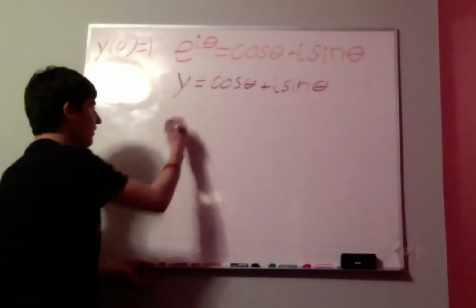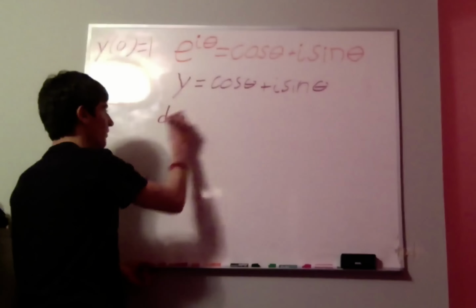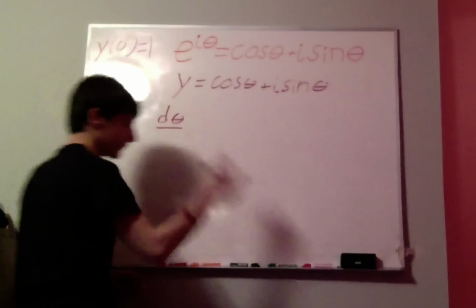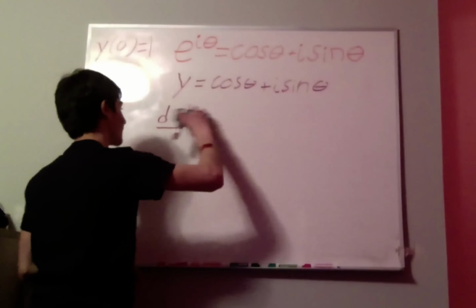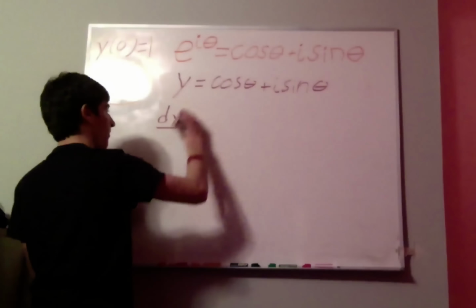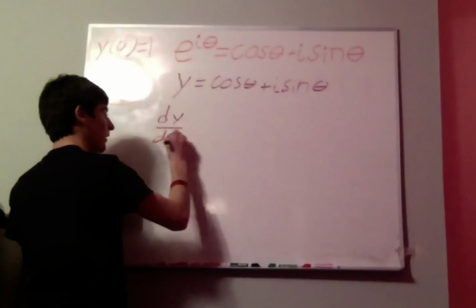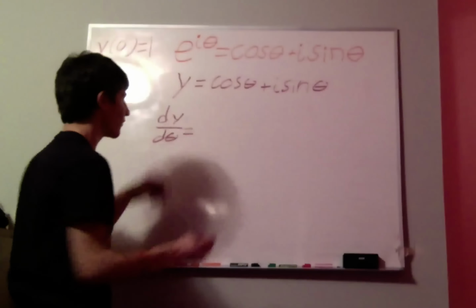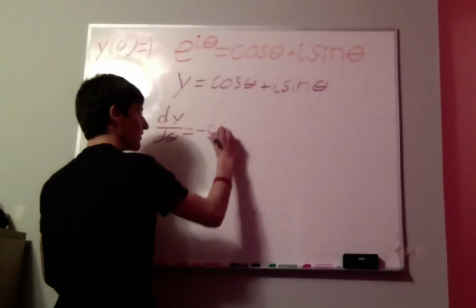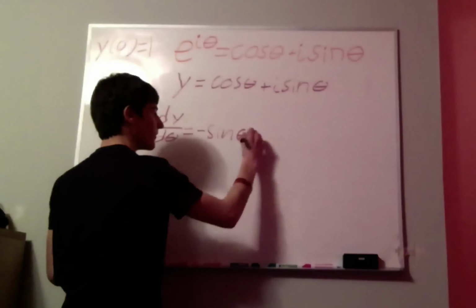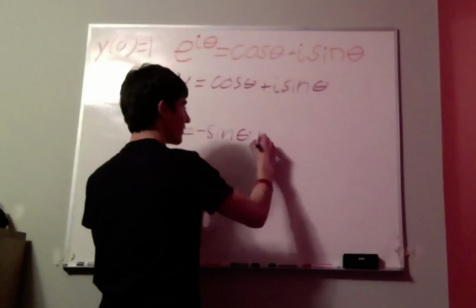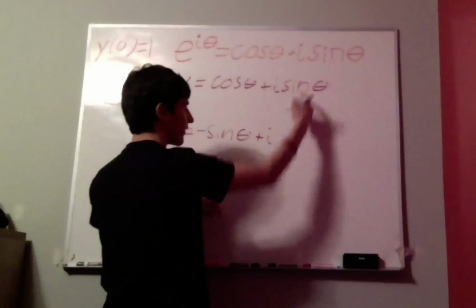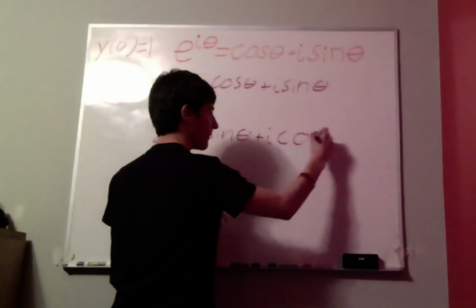Okay, take the derivative of both sides with respect to theta. So it's going to be dy d theta is equal to, the derivative of cosine is minus sine theta plus i, derivative of sine is cosine theta.